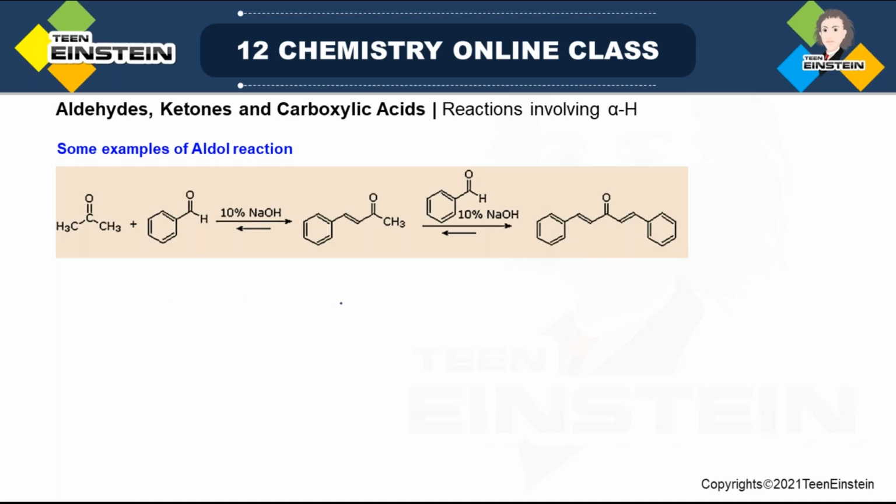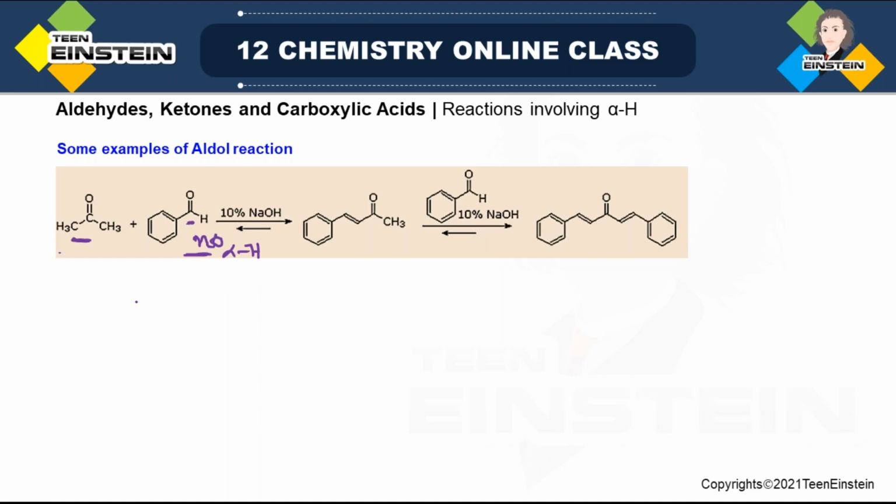Now in this example that you are seeing here, we have taken two different molecules, right? One is acetone, another one is benzaldehyde. Now in benzaldehyde there is no alpha hydrogen, but here you have alpha hydrogen in acetone. So that is why the carbanion will be generated in acetone, and that will attack the carbonyl carbon here.